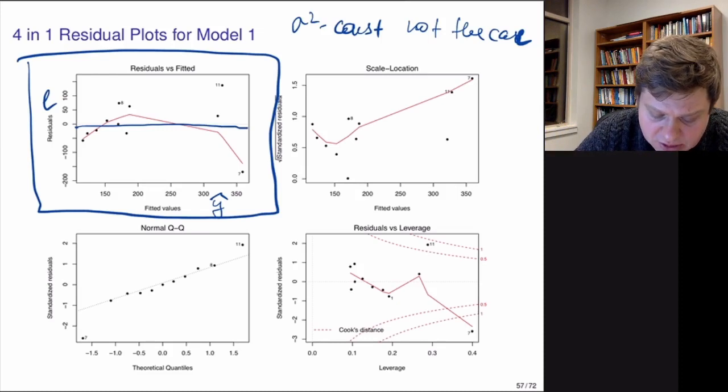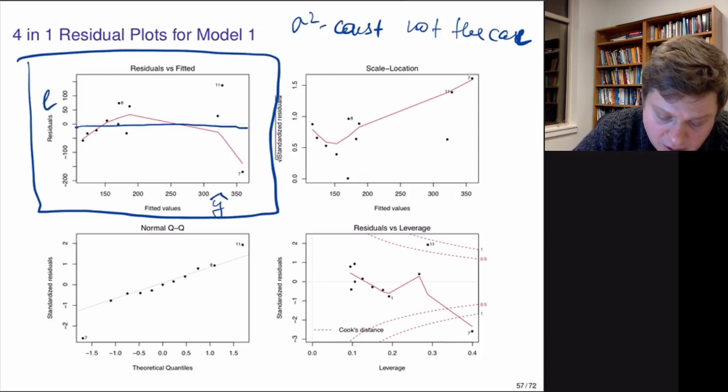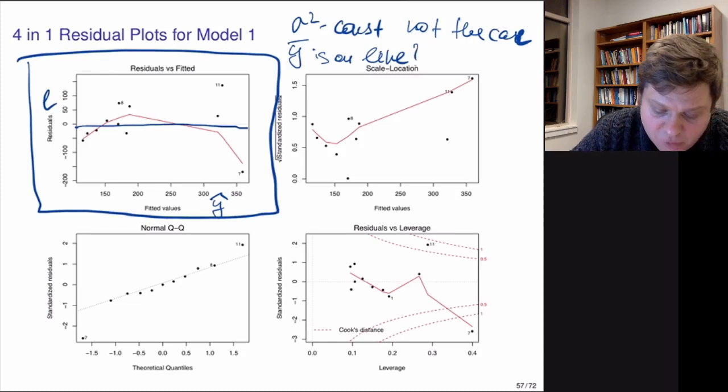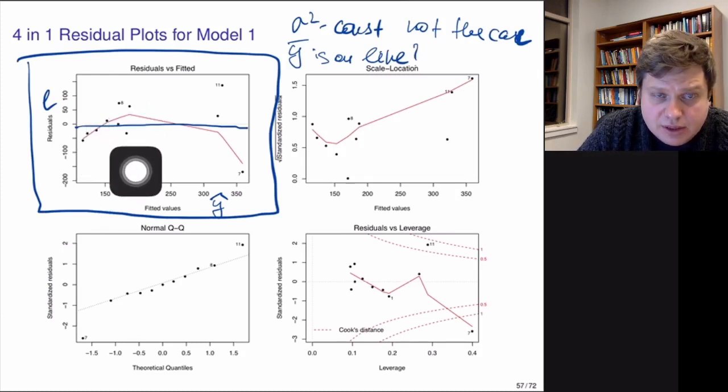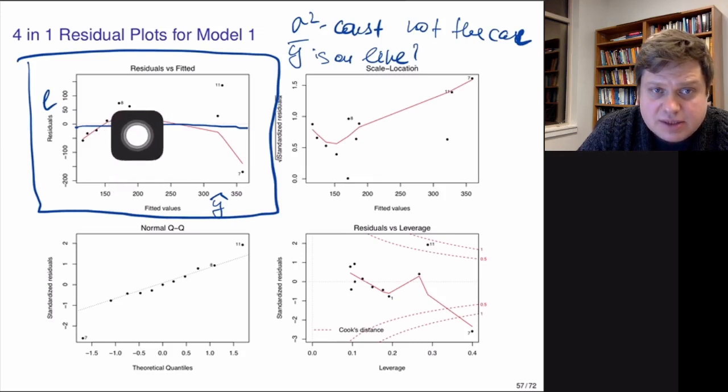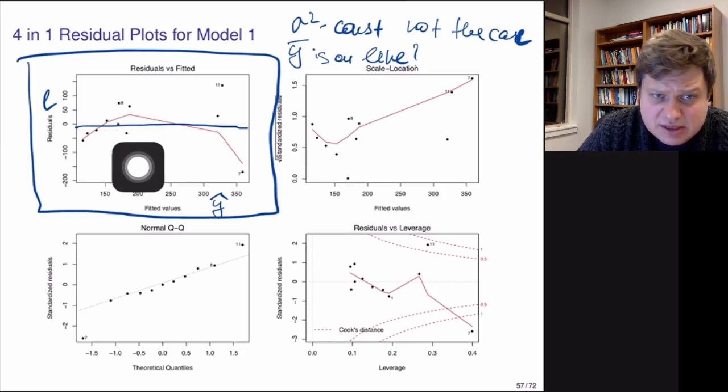Now the next question is whether y bar is on the line. Well, if y bar is on the line, what we should see here is the same pattern on the top of the line as on the bottom of the line, meaning that the positive distances are the same as the negative distances.